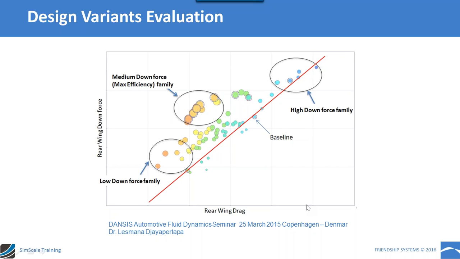And like we said, for example, in the Monaco circuit, you don't care too much about the drag because you are interested more in downforce. So for example, you can take one of these designs for Monaco.